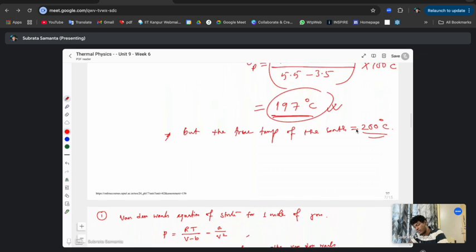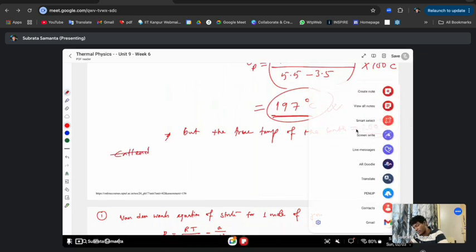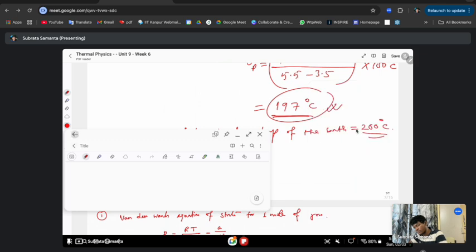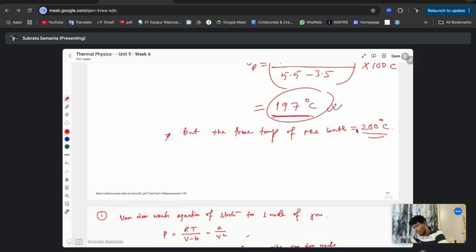So I have to calculate the calendar correction factor.